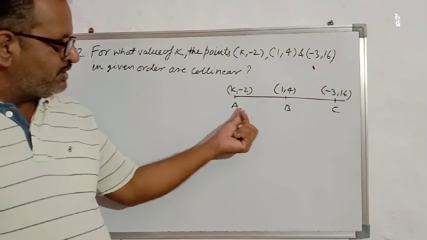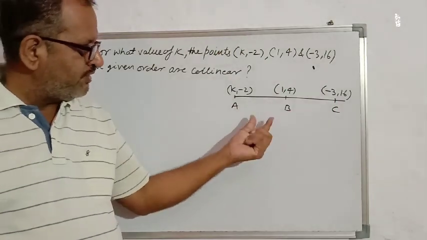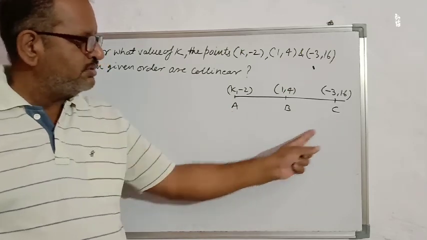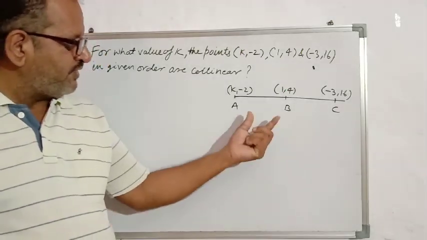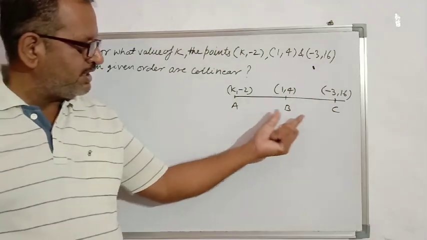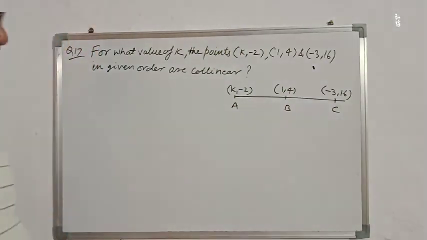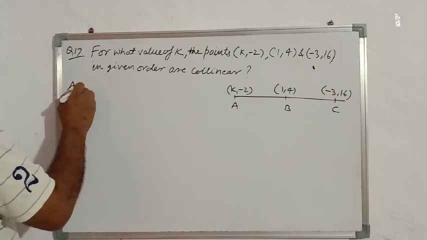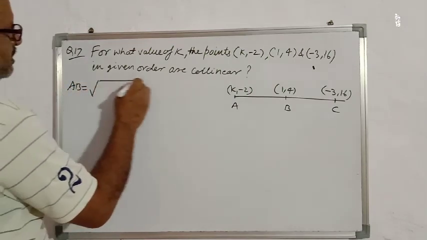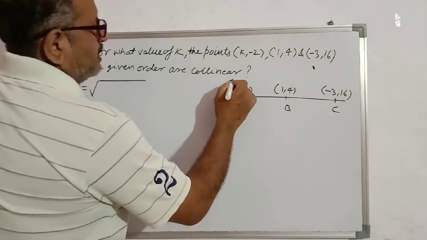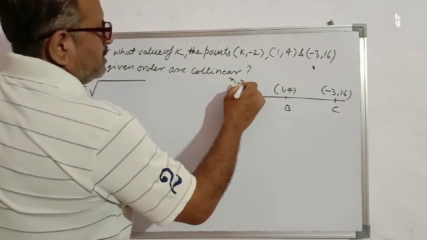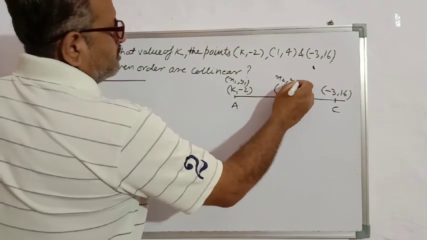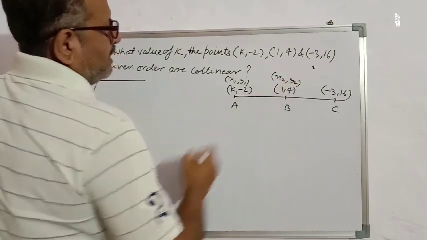So if these 3 points are collinear, we will write AB plus BC is equal to AC. Firstly find the length of line segments AB, BC and AC using the distance formula. To find AB, let this point be x1, y1 and this x2, y2.